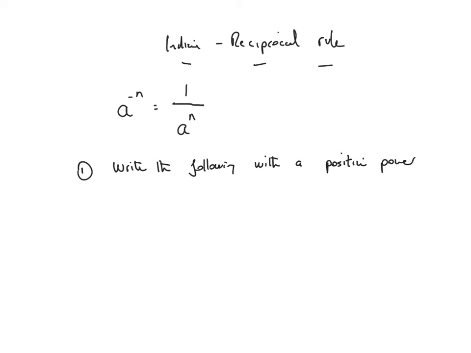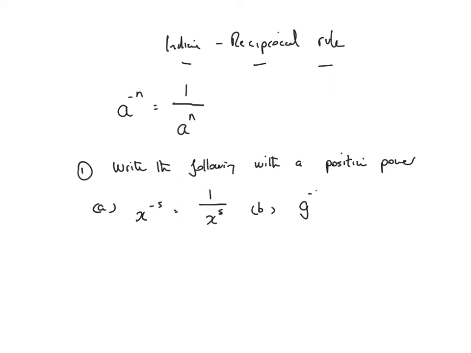You can see there that that's a positive power and that's a negative power. Let's start with x to the minus 5. Following the rule, a to the minus n is 1 over a to the positive n. That means x to the minus 5 could be written as 1 over x to the 5.